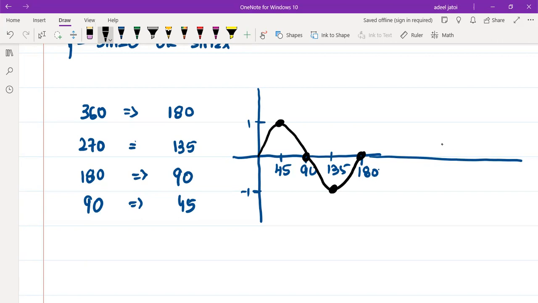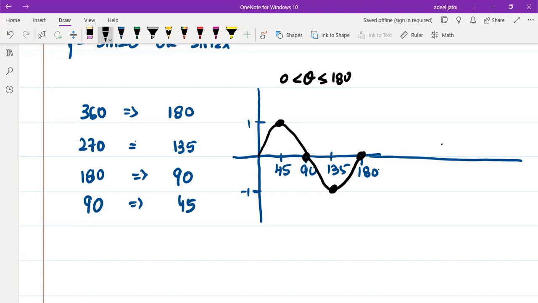If the question tells me that theta is from 0 to 180, from 0 to 180 you will only create one cycle.